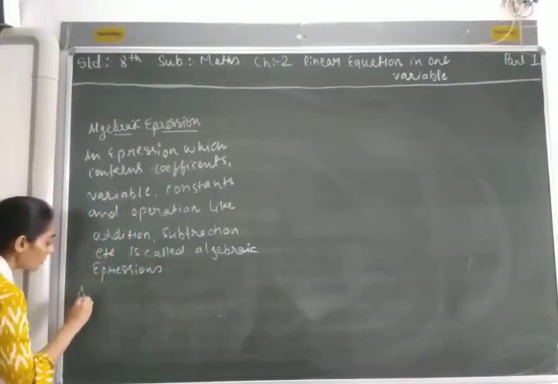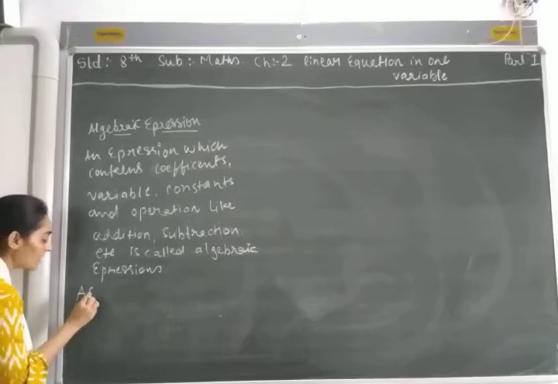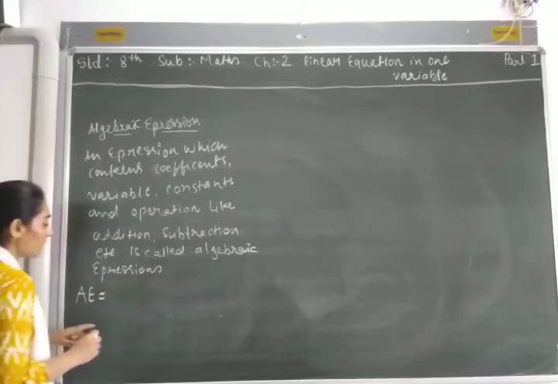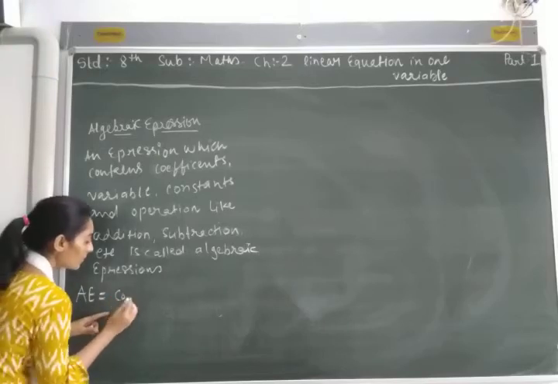So in short, I'm writing algebraic expression as AE. Now, what comes over here?